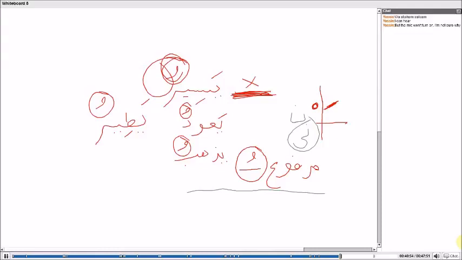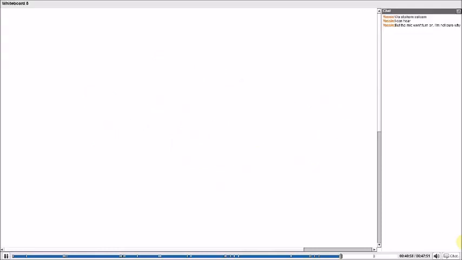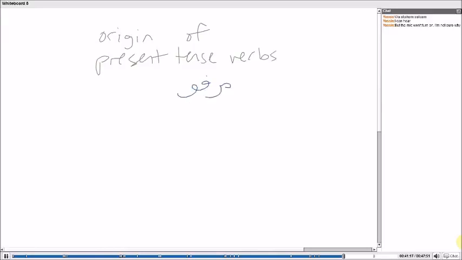So anyway, also, the origin of present tense verbs is marfu', and the origin of that is a dhamma. Alright?